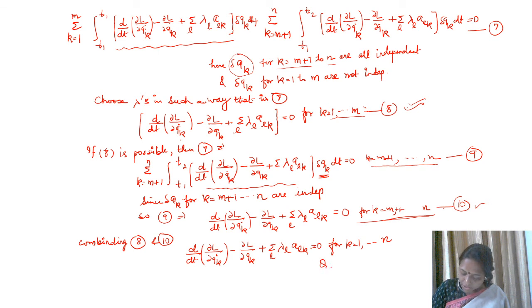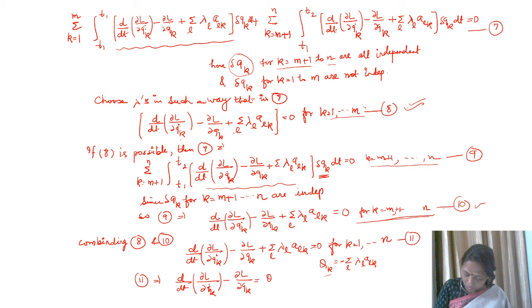In general, it is denoted by Qk. Qk is minus summation lambda_l a_lk. Here l is dummy, k is free, so that is why k came with Q. And finally, you get your 11 as d/dt of ∂L/∂qk dot minus ∂L/∂qk is equal to Qk.